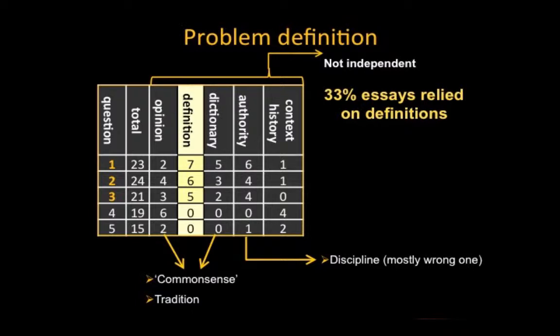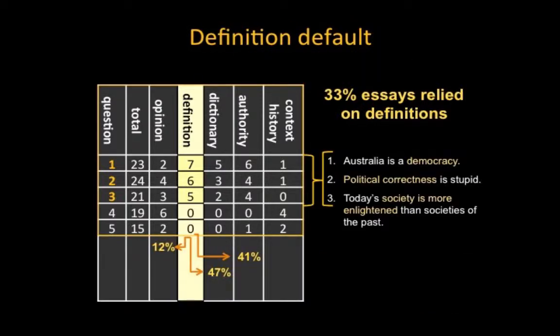So 33% of essays relied on definition. The ones who relied on opinion and dictionaries were relying on common sense understanding. Some students used definitions from academics, but they weren't paying attention to academic context, so they would use authorities that weren't from the right discipline and weren't asking the right sort of questions that they needed to get a suitable definition.